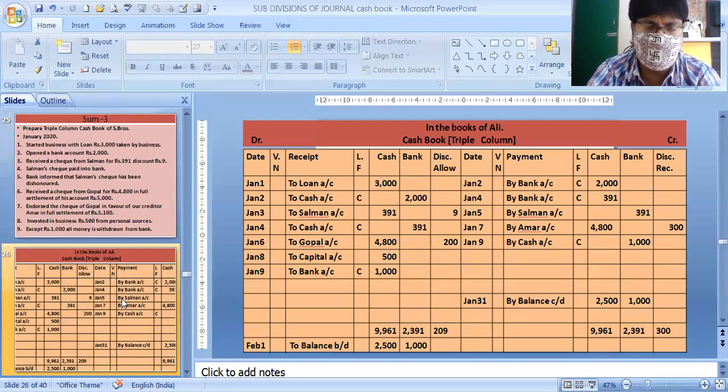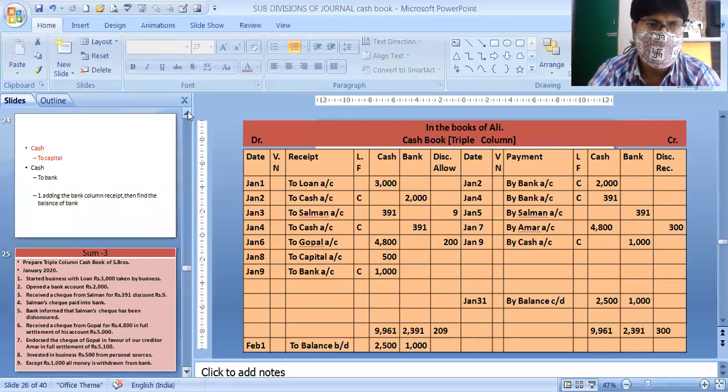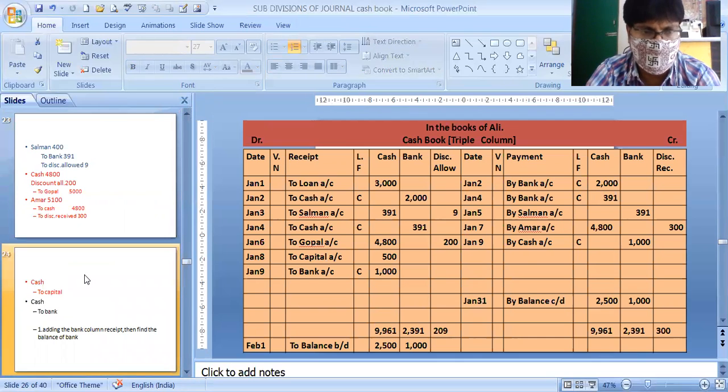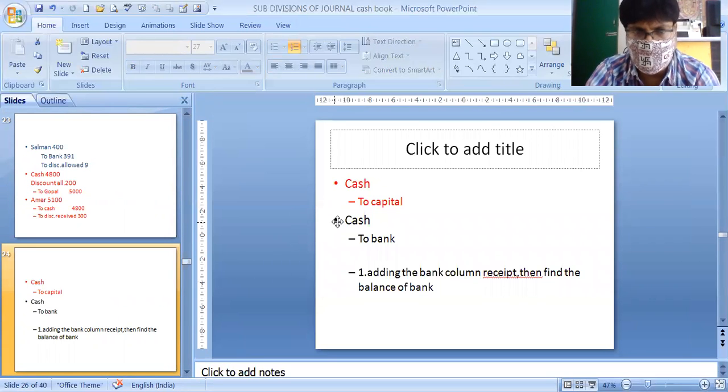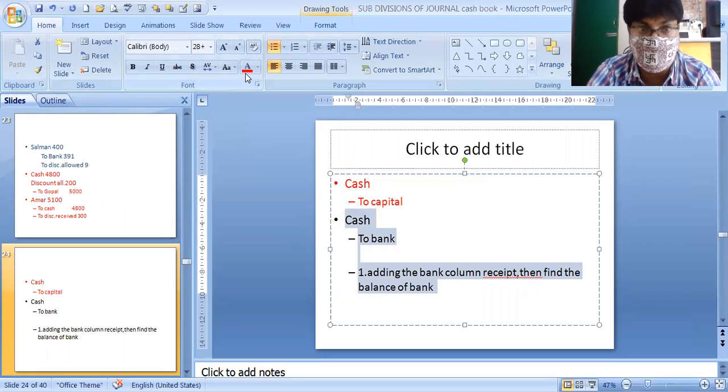Now, whenever you withdraw money from the bank, it is a contra entry, no doubt. That means whenever you are withdrawing money, students, you will be writing cash account debit to bank. This is the contra entry. But how much amount?